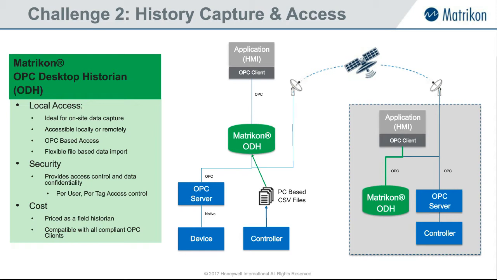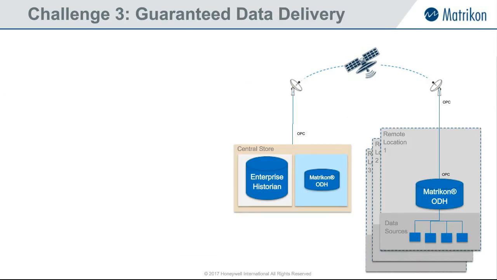All right. The third scenario that I want to talk about is overall guaranteed data delivery. Once you've captured the data at multiple locations, whether they're pump stations or power stations, something along the pipeline, or even different plant locations, you typically want to centralize this.